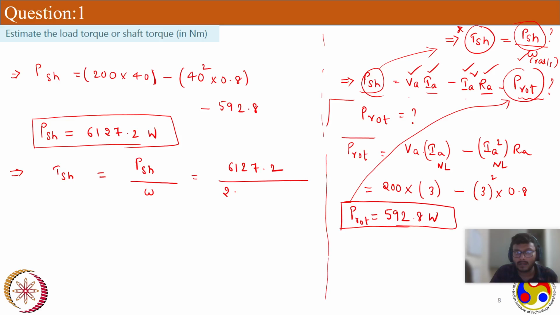And then we saw the two governing equations of voltage and torque developed in a motor, and those two will be the same for any kind of winding, whether it's shunt or series. Now, based on the concepts, we solved two different questions, and I'm not going to repeat what we did in these two questions. So with that, I end today's session.